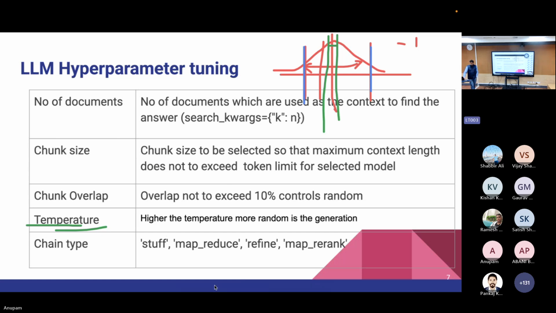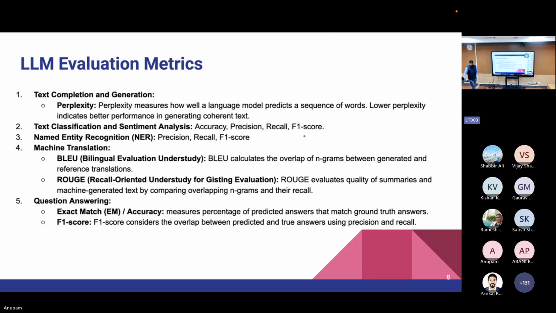So let me come to the evaluation part. Just like when you, as a student, study a course, finally you have an evaluation component, right? Similarly, for a RAG pipeline also, you'd like to evaluate how good it is.